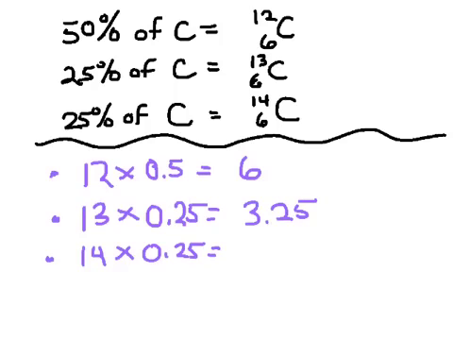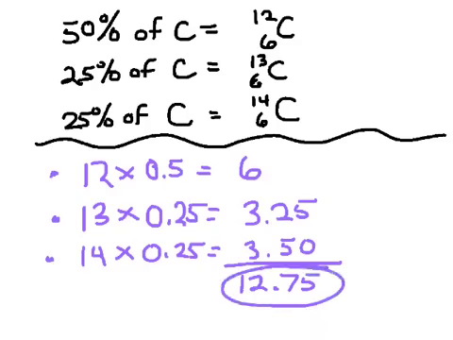If I go 14 times 0.25, that's 3.50. So if I add all of these up now, the mass times the relative abundance, I'm going to get 6, 7, 8, 9, 10, 11, 12.75. Notice I get a decimal. And that's where it comes from.